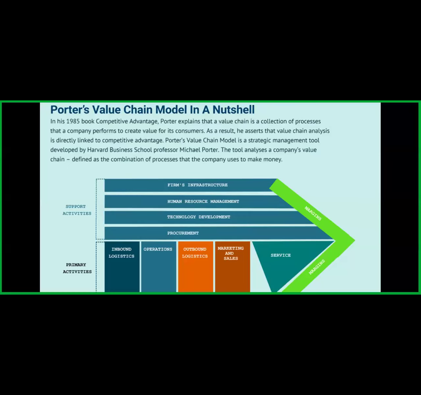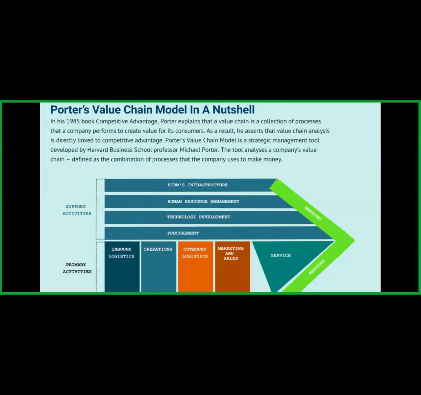So what it says is that the company has to check whether they are performing or creating value for its customer. When will a company be creating value for the customer? When the existing customer is happy, and when the company is being attracted by new customers or new consumers also, then only we can say that yes, the company is creating value for the consumer, right?